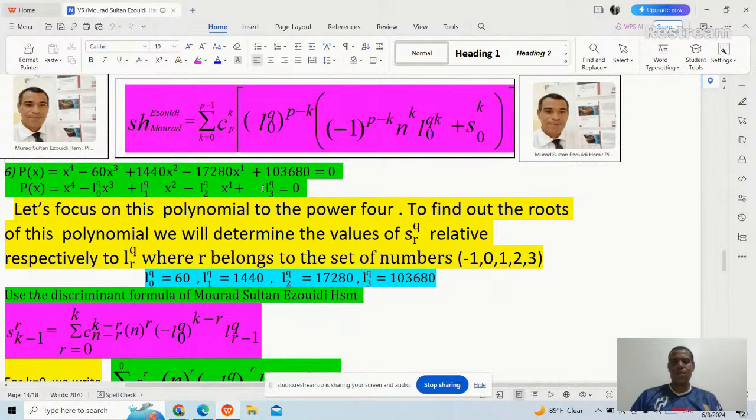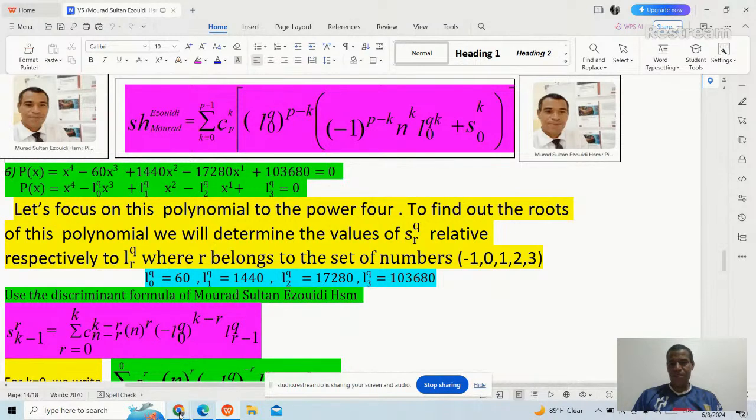The target of our example is finding out all the roots. We are going to find the exact values without using an approximation method.